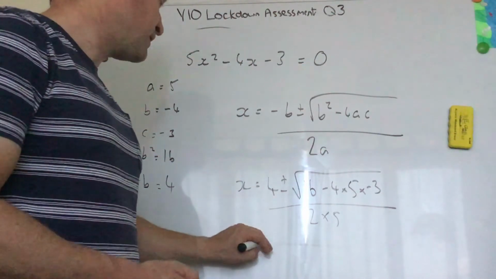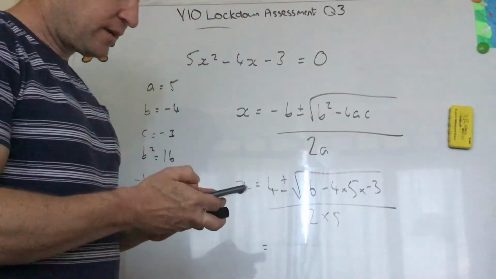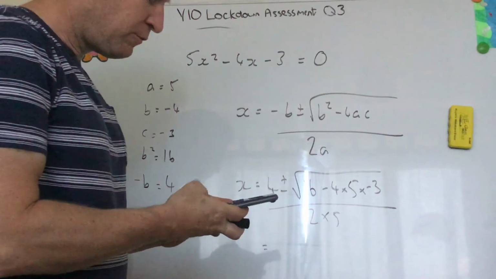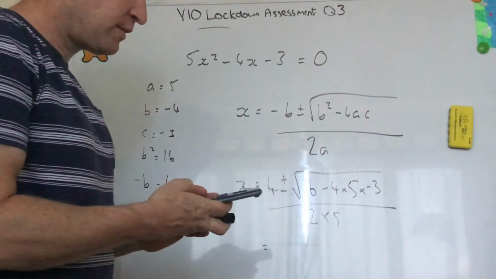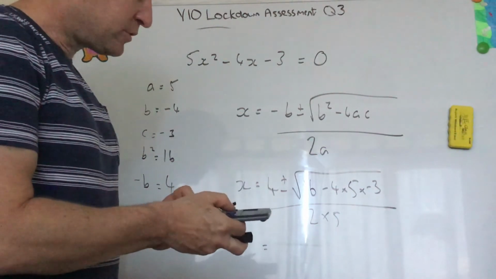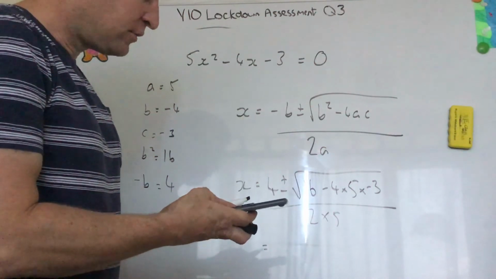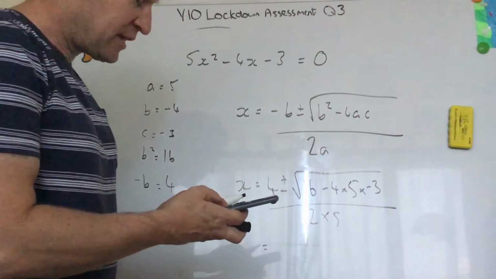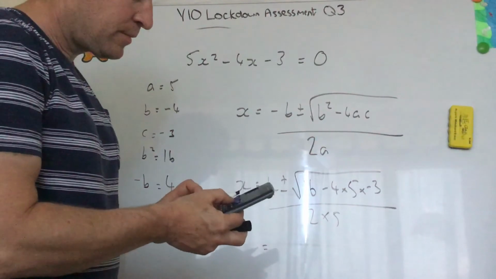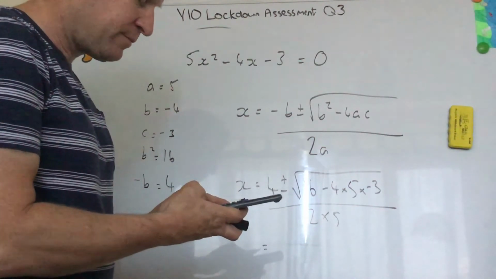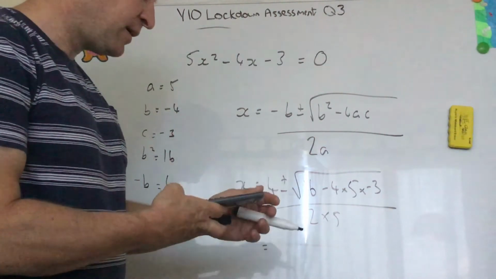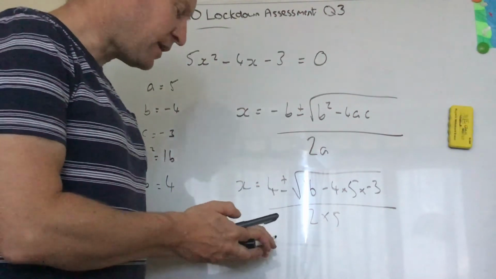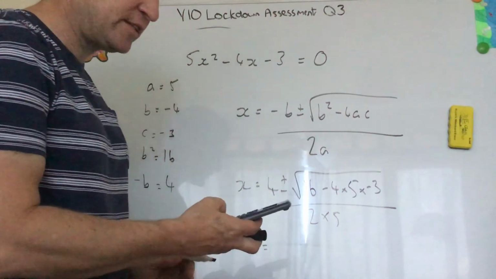You can just type that straight into your calculator. Okay, fraction button, 4, you can't put plus or minus, you just have to put plus. Square root 16 minus 4 times 5 times negative 3 over 2 times 5. Okay, and press equals. And it'll tell me that it's 2 plus the square root of 19 over 5.